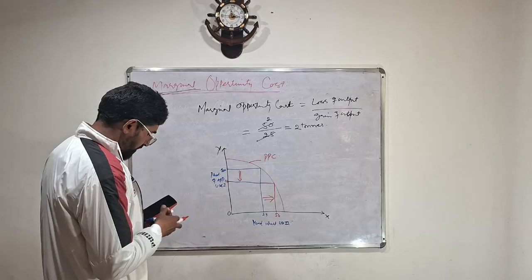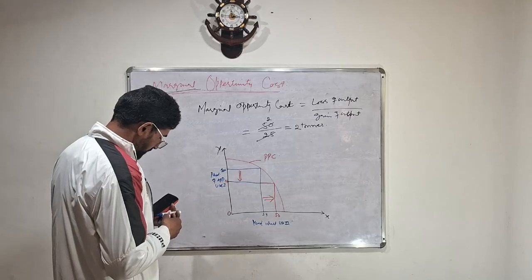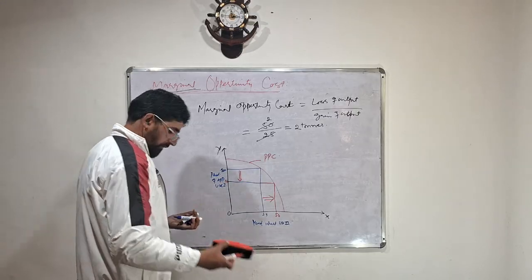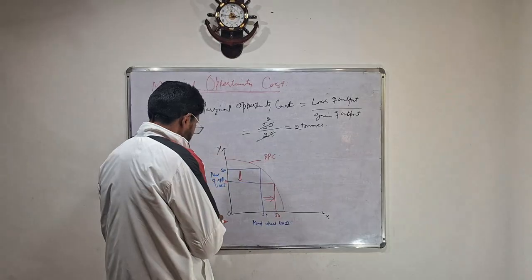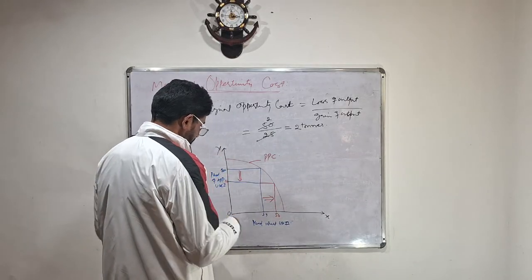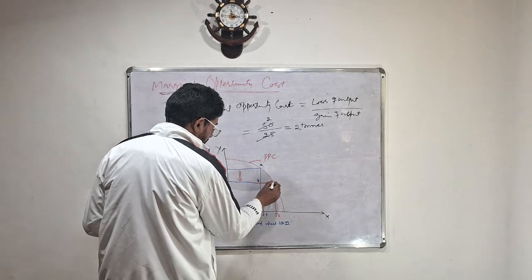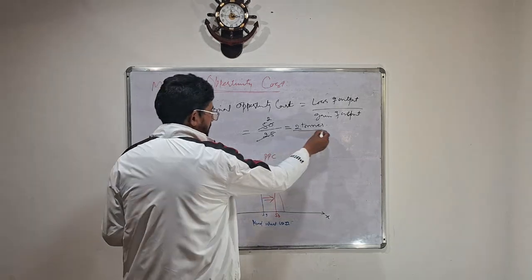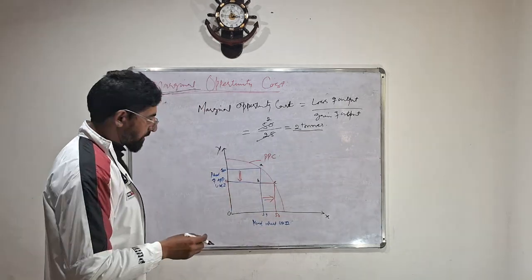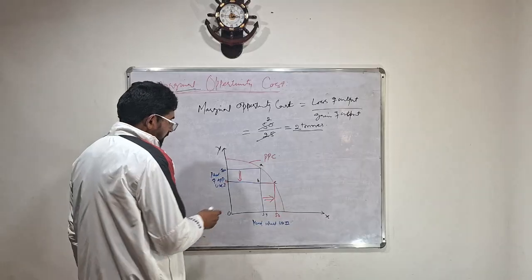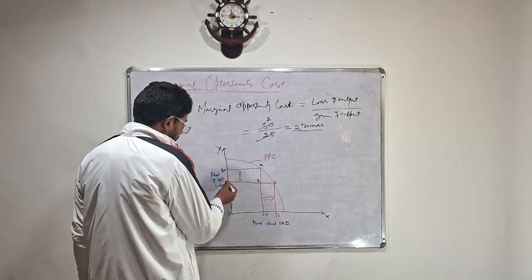We can calculate this. Here is A, here is B, here is C. To clear this concept, here from A to B, 100 to 50 has changed.